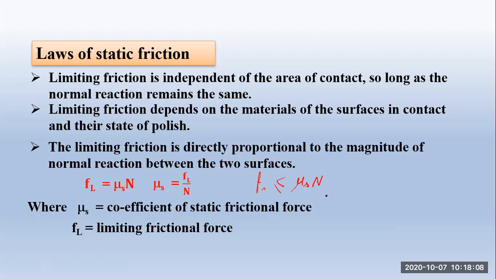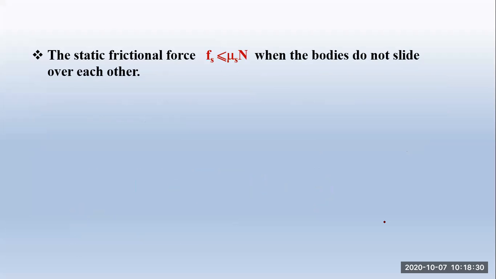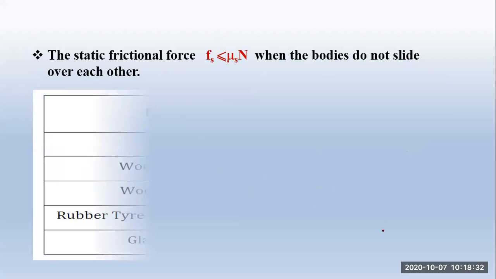The static friction is less than this value. So we should write this equation, and this is the limiting value, the maximum value. The static friction force Fs is less than the limiting value when the bodies do not slide over each other.